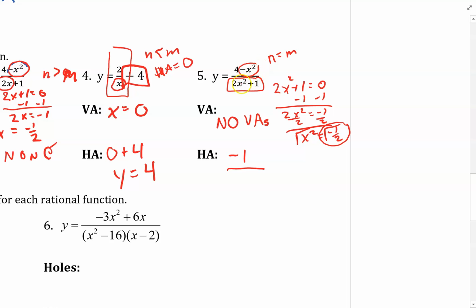Our leading coefficient on the bottom, which by the way is not in standard form, it should be negative x squared plus 4, is 2. So we get a horizontal asymptote at y equals negative 1/2.